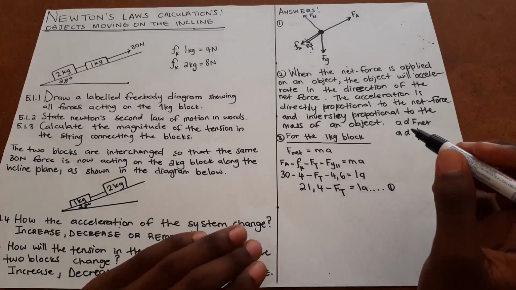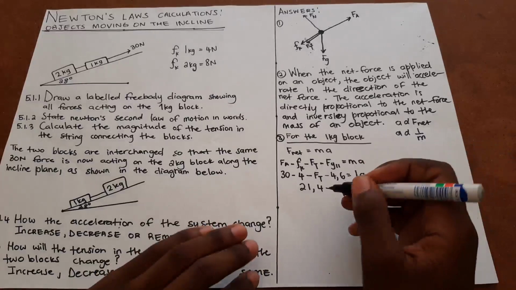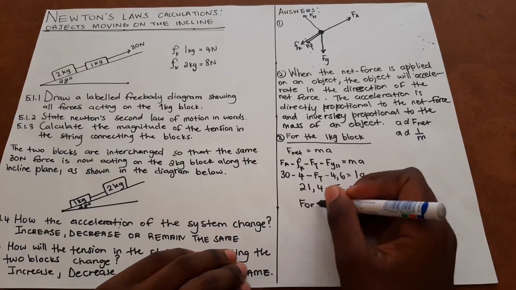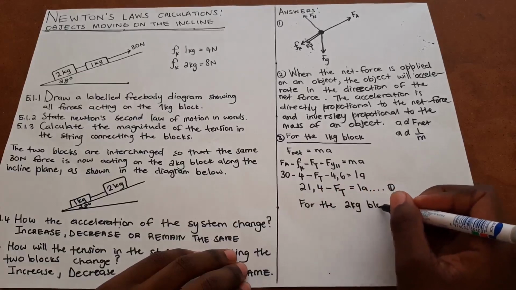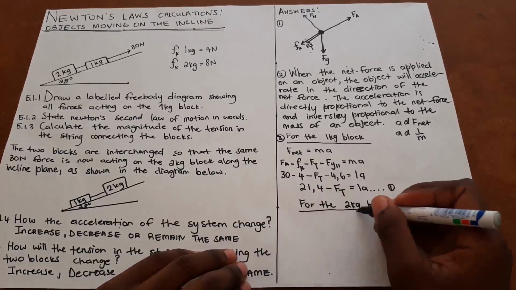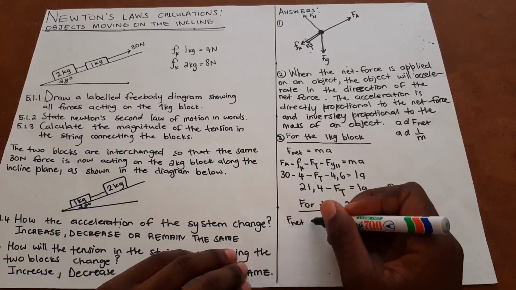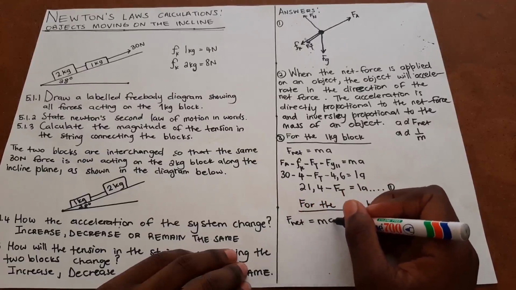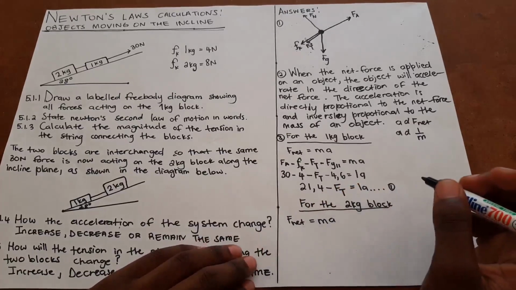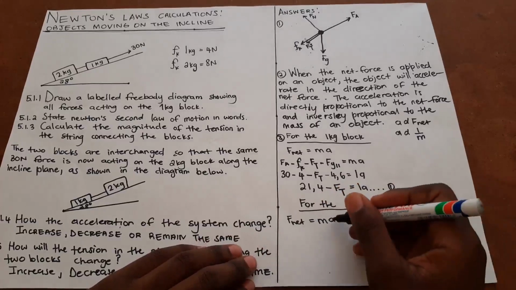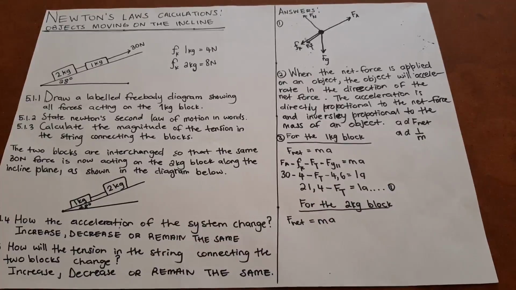For equation 2, for the 2 kg block, the net force acting on the object is equal to mass multiplied by the acceleration. What are all the forces acting on that 2 kg block?